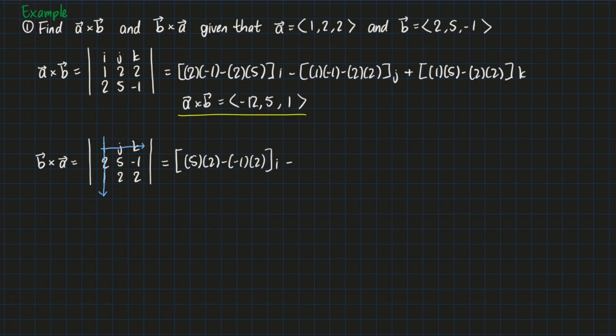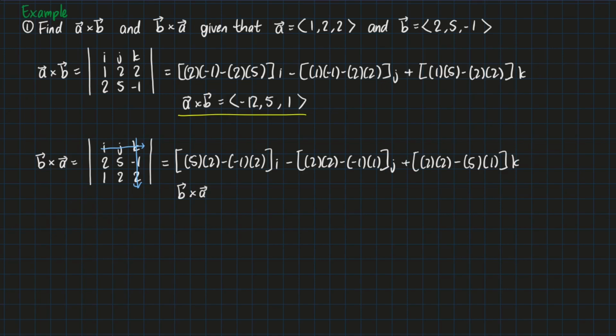And we alternate to minus for j. 2 times 2 minus negative 1 times 1, plus. And then for k we have 2 times 2 minus 5 times 1. And then B cross A equals 12, negative 5, negative 1.